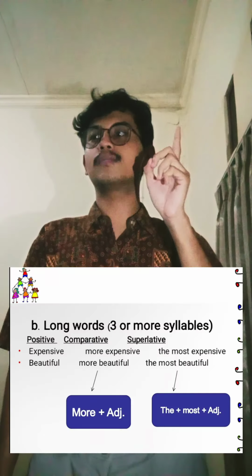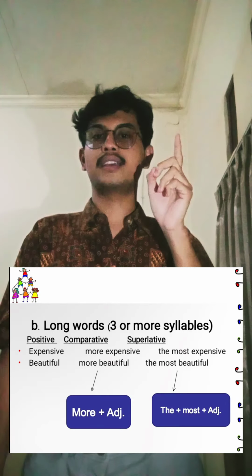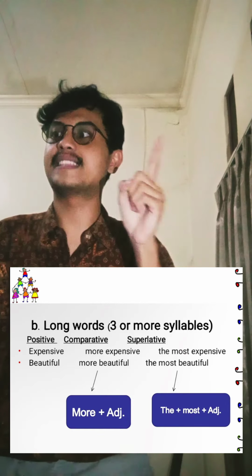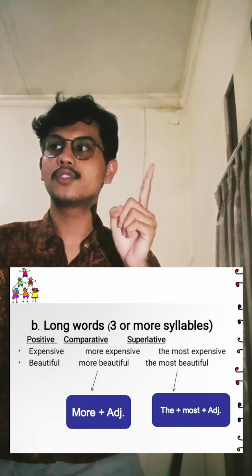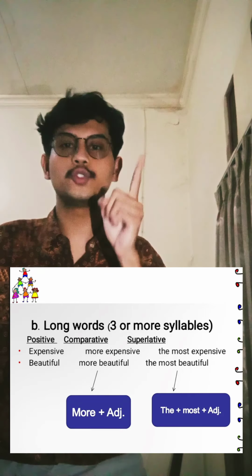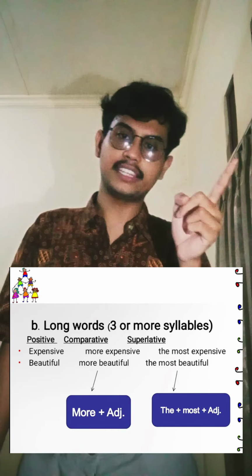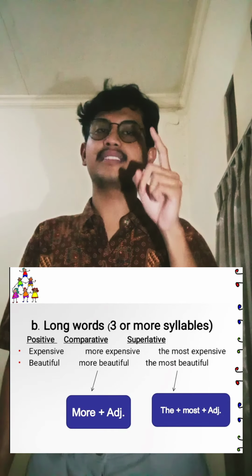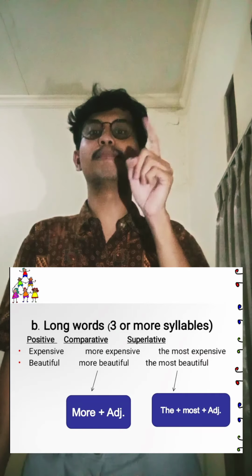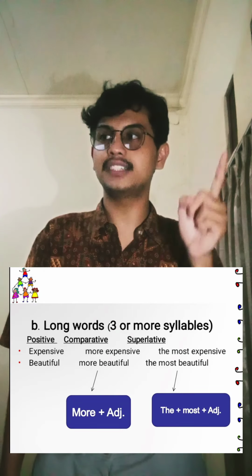And the next example, on the next slide, is long words, three or more syllables. As you can see on the slides, the word is expensive, right? So you should put more before the adjective, not expensiver, but the more expensive.